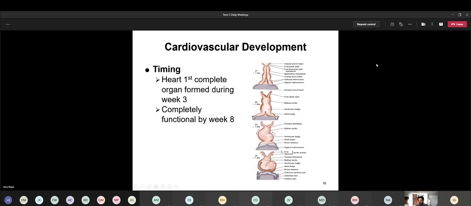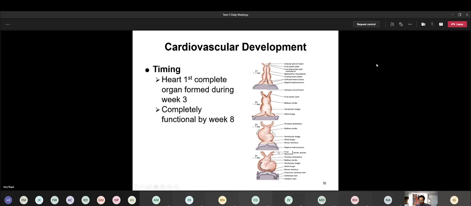Now the heart. The heart really is going to be necessary to finish development pretty early on. So it needs to be pretty much completed by the second month. And as far as the structures, it's going to start off looking nothing like the heart that we know, as far as the four chambers and the valves and the septa and all those other structures.